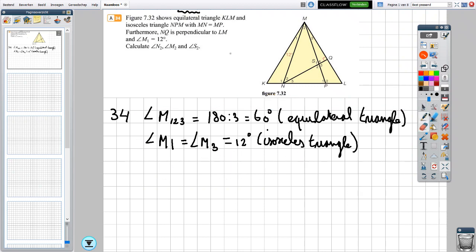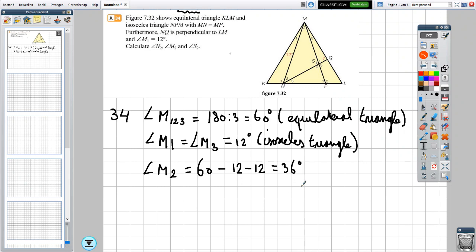I'm first going to calculate angle M2. That's a bit easier. I can do it the other way, but M2 is much more logical. Angle M2 is going to be 60 degrees, because that's angle M1, 2, 3, minus 12 minus 12. That's 24, so this is going to be 36 degrees. Correct?